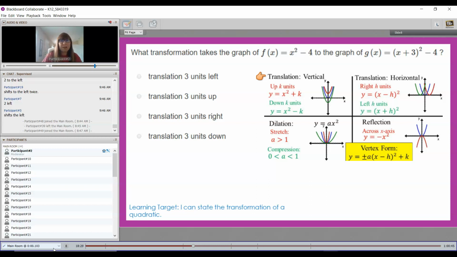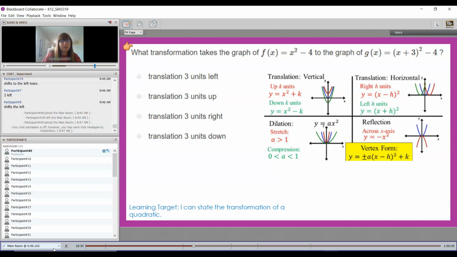All right, so what transformation takes place? I'm going to turn off the chat for a minute. So let's use our polling options for this one. I'm going to hide the responses just so everybody can look at it for a second. So what transformation takes place if we know that our parent function is f of x equals x squared minus 4, and then our g of x is x plus 3 to the second power minus 4.